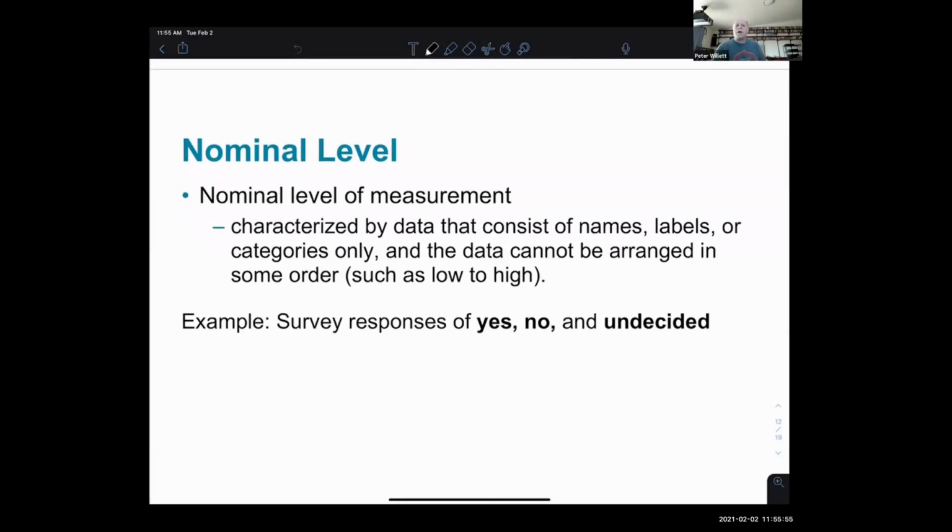So already very confusing, I'm sure. I mentioned that an additional example of nominal data is gender. Can someone think of something else that would be an example of a nominal level of measurement for data?